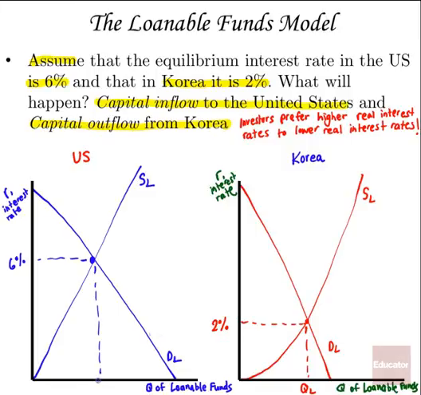If you look at these two countries, the US and Korea, would you rather get a 2% return or would you rather get a 6% return? So this is going to be a no-brainer here. So capital is going to flow from South Korea to the United States here. So this area here is just going to represent capital inflow.